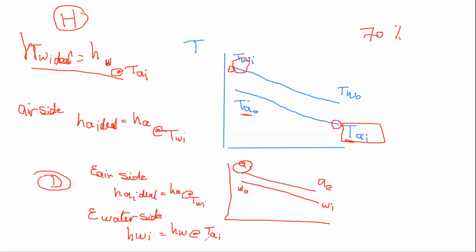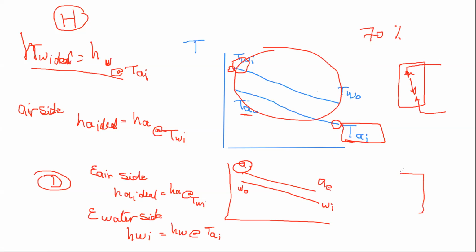So if you are solving a problem and you don't know which is which, just put this, because we looked at the humidifier and the dehumidifier as a sort of counter current heat exchanger. It's a heat and mass exchanger. Water is going this way, but air is going that way, so it's a counter current. This is the kind of profile that you studied previously in heat transfer. The same thing applies here for the dehumidifier. We have water coming in tubes, going in this direction.